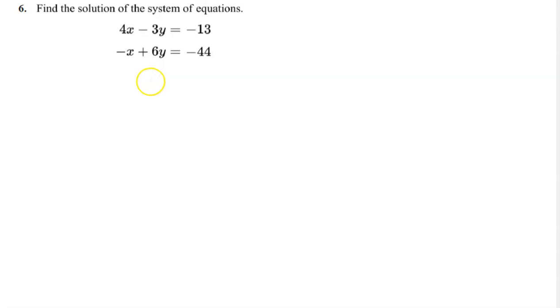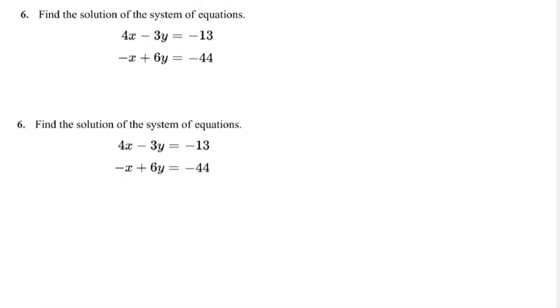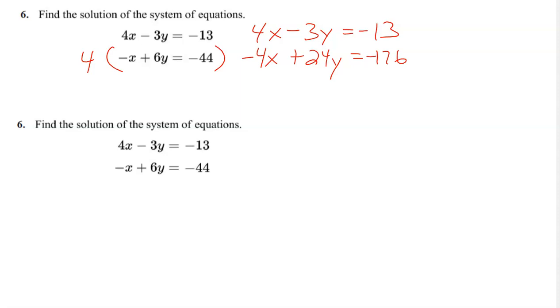I could essentially do either one of those. As a matter of fact, I started out just to show you that both of those could be done, I made two problems and did them differently to start out. Okay, so you don't have to write this down, but if I was to multiply this by 4, that'll give me that negative 4x I need, and then I can cancel out the x term.